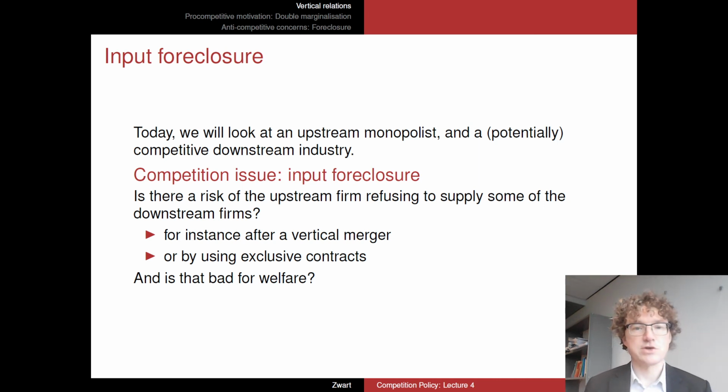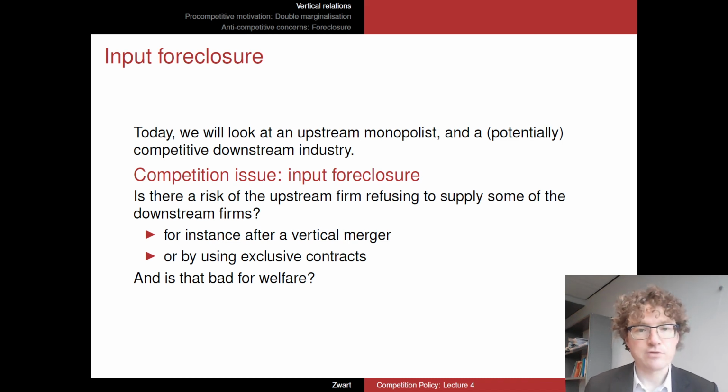Well, the competition issue here would be input foreclosure. Input foreclosure means that there might be a risk that this upstream firm, the manufacturer, will refuse to supply its input to some of the downstream firms. So it will sell its goods to some firms but not to others.